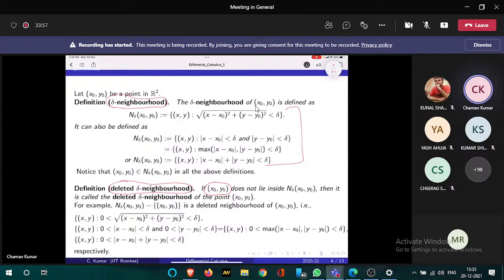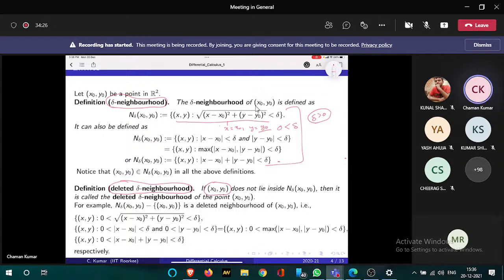In all the definitions, you can see that if I put x equal to x naught and y equal to y naught, then on the left hand side you will get 0, and on the right hand side you have the value delta, and delta is always positive. Whenever you see delta in this section, delta is always strictly positive.